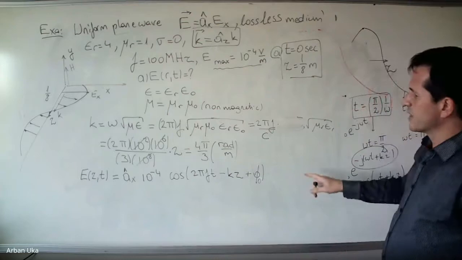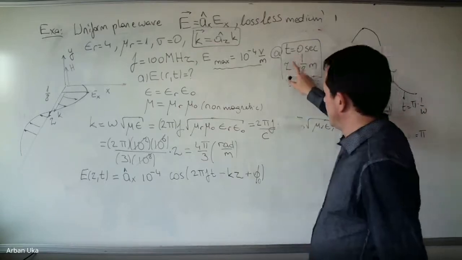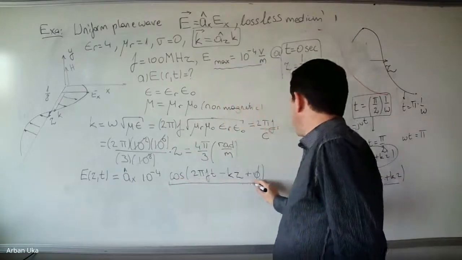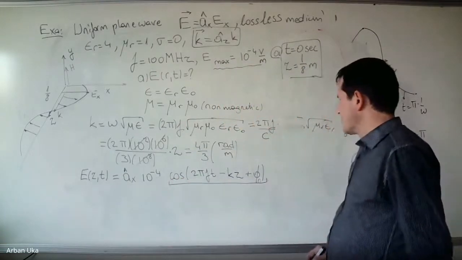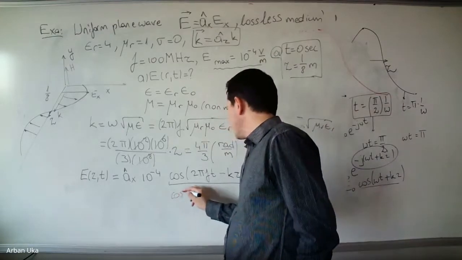Now, we have this expression for the electric field wave, and then we have to substitute. Wait a second, we have to figure out that at t equal to 0, so let's check here. This is going to be cosine.